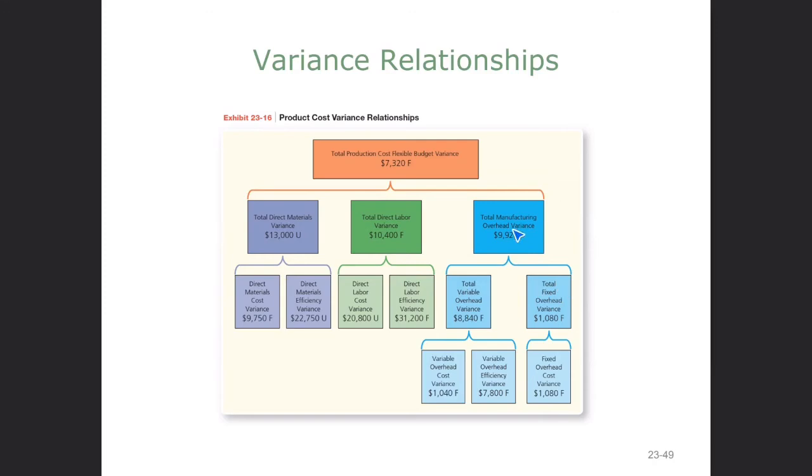Once we figure out these two, we can then determine our variable overhead cost variance and variable overhead efficiency variance based on variable overhead. And for fixed overhead, we can determine our fixed overhead cost variance, which is the same as this one.